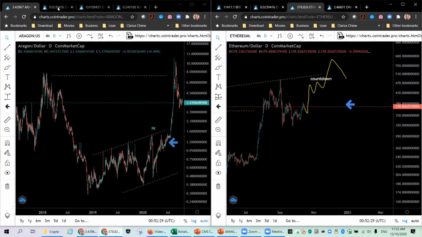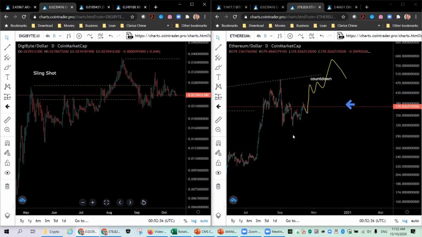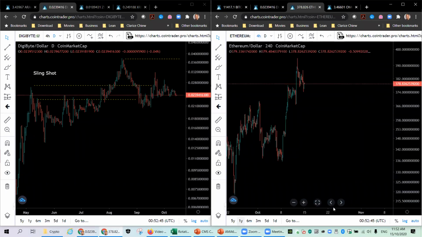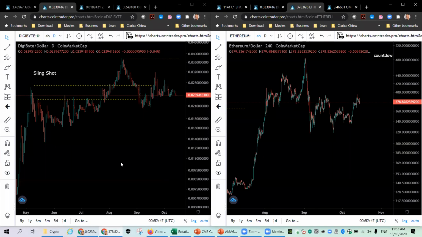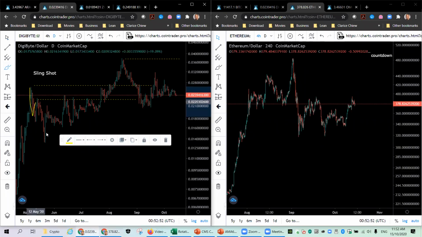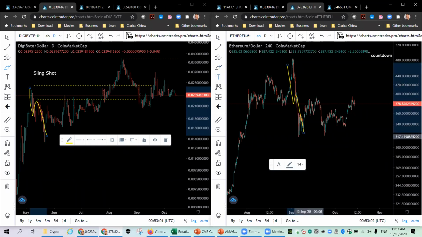If you were to compare against DigiByte, this would be a very similar pattern. So if you were to go into 4-hourly, it would help us see better. So this is the top of the slingshot. Typically, you see a zigzag down. In this case, the zigzag is not as apparent, but it's somewhere there because the moon pad one is down there.